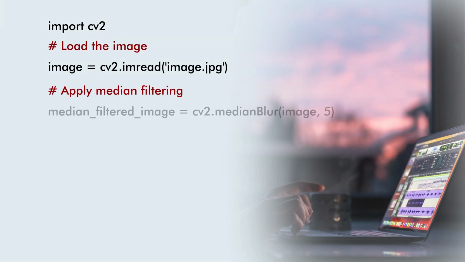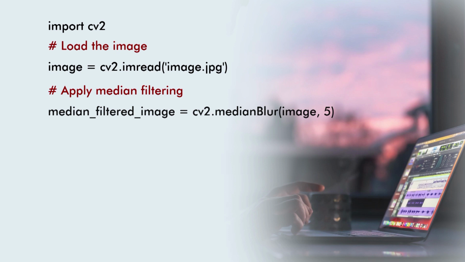So, first of all we have to import the library, import CV2 or we can say NumPy. After that, load the image. Again we have to read the image with whatever suitable format you want to use, either JPG or PNG. Then apply median filtering.